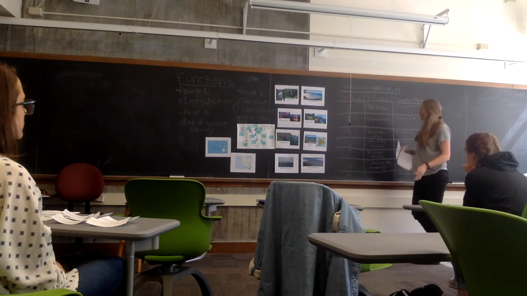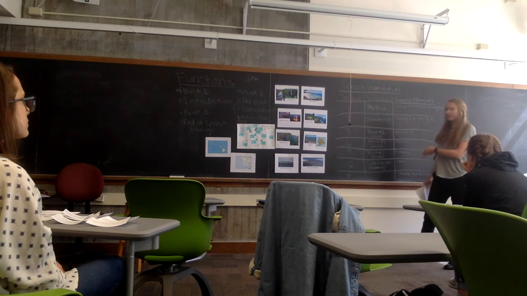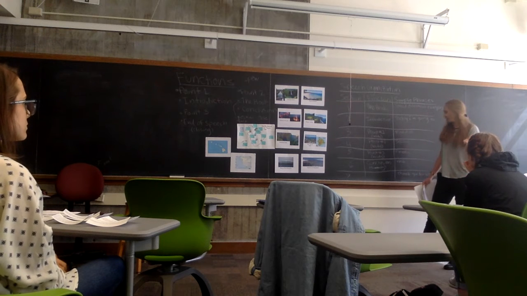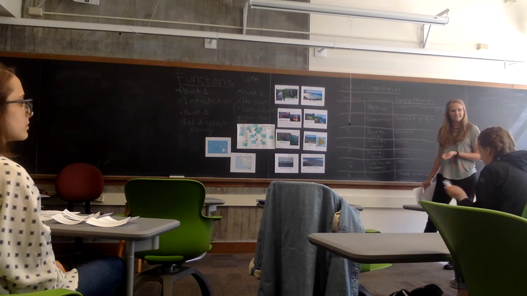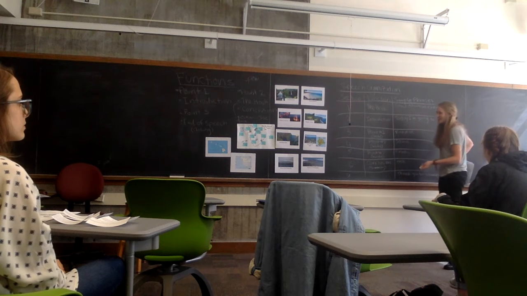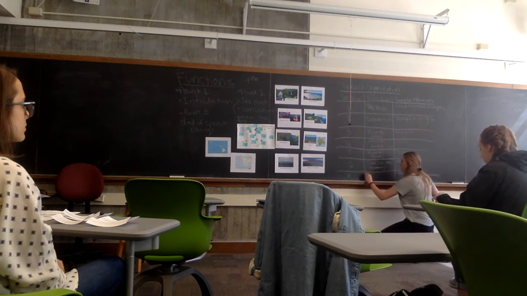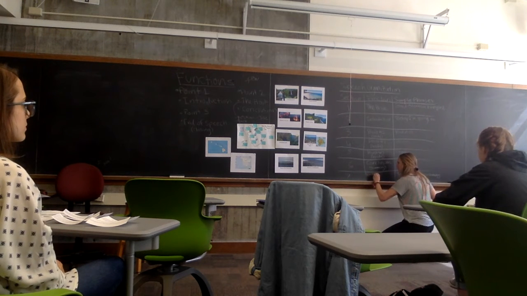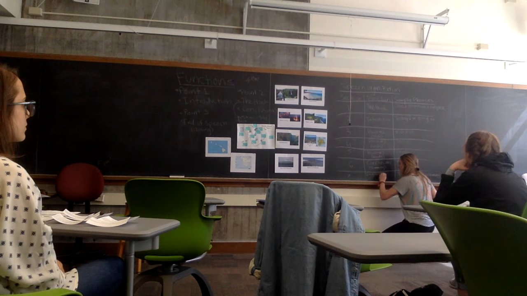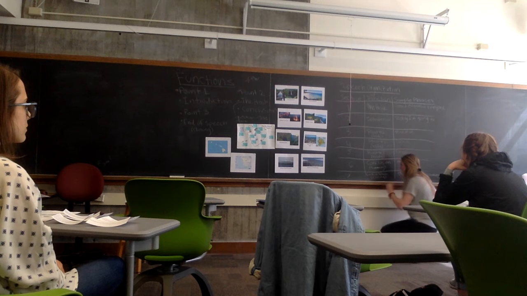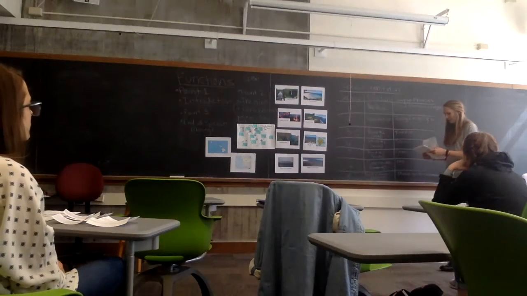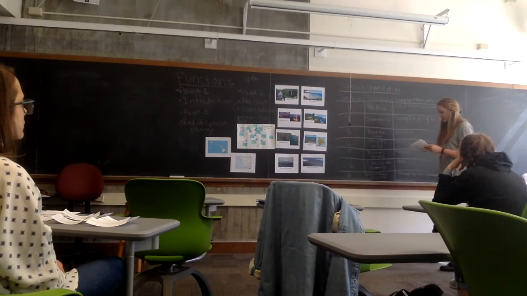And then for card number 7, Annie, what was card number 7? End of speech. Yeah, right, the end of speech, or the closing. End of speech, and then closing. Great job, you guys.